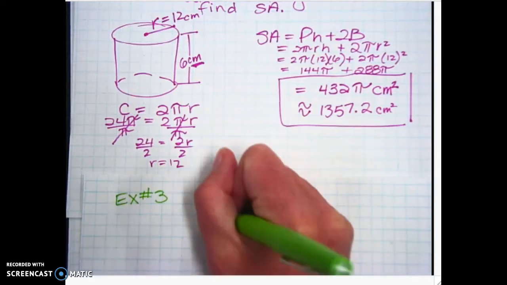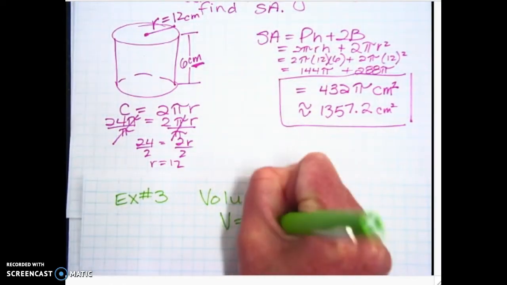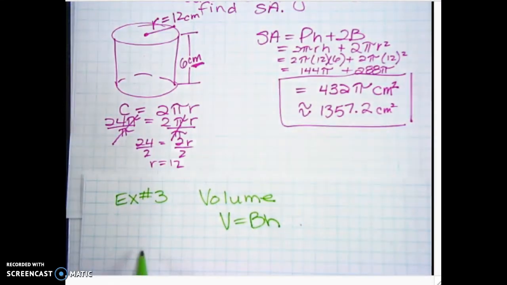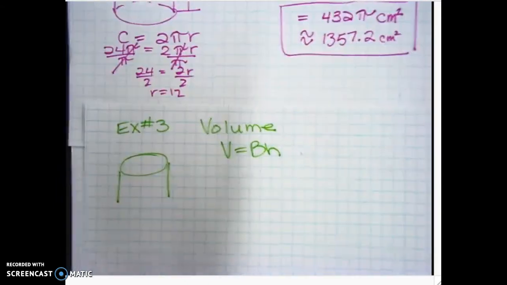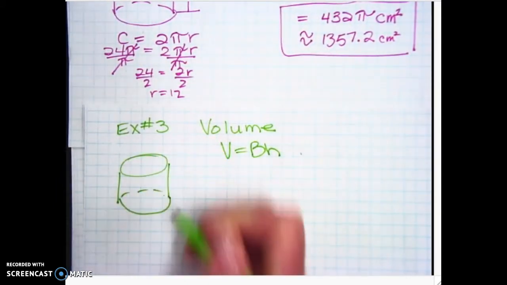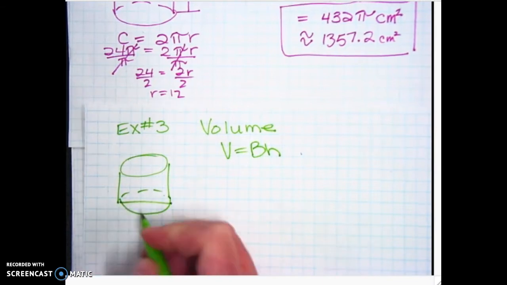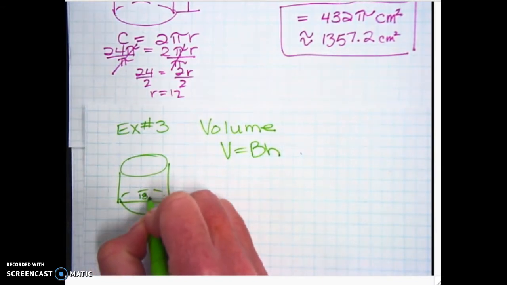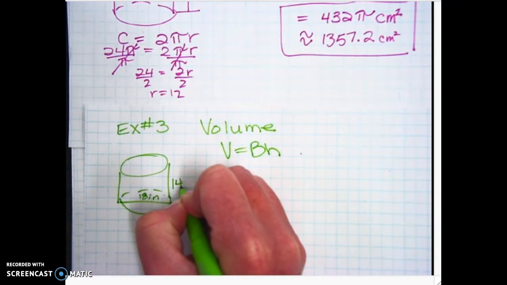All right. Volume is capital B times H, and here's our cylinder over here. Let me move it up. And we've got a diameter of 18 inches, a height of 14 inches.